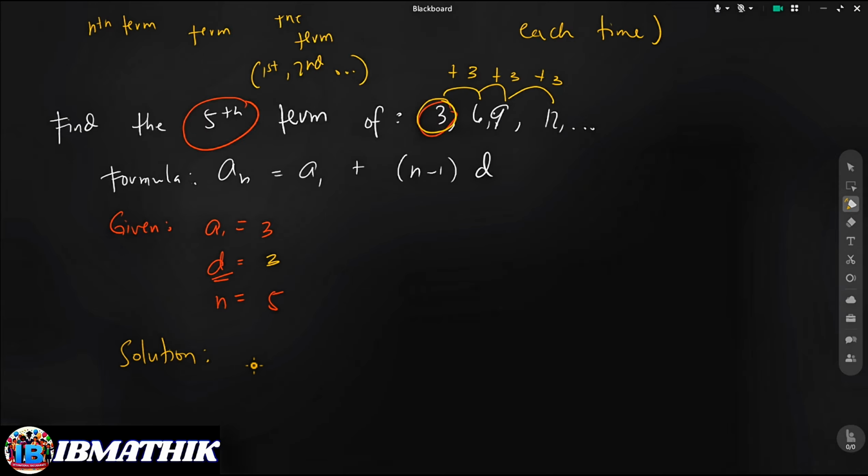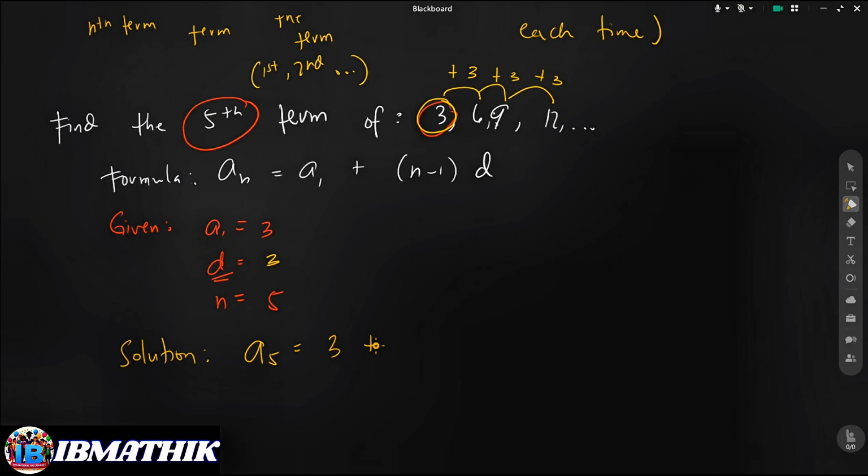Okay, so now let's have the solution. A sub 5 is equal to, what is the first term?